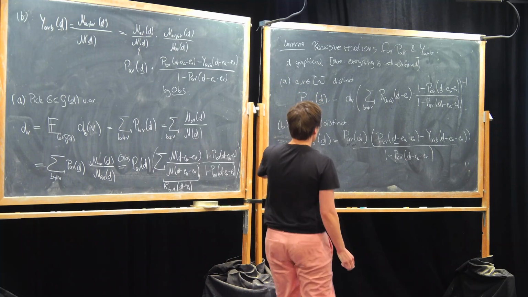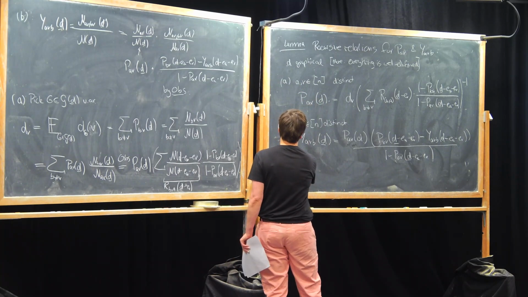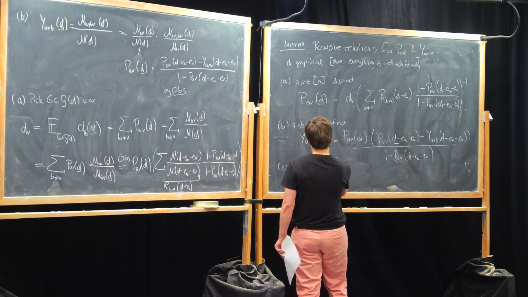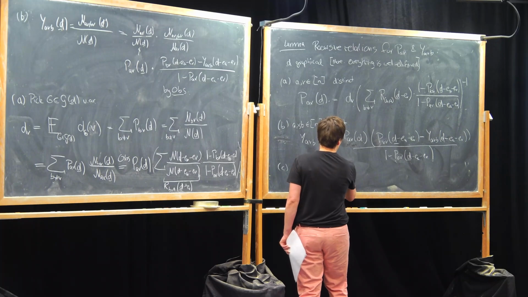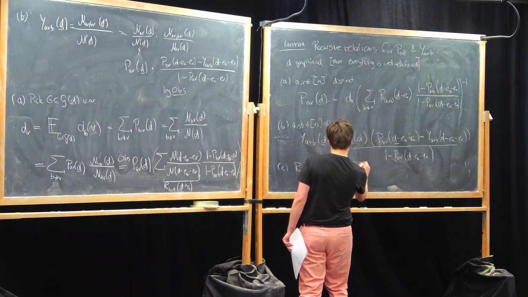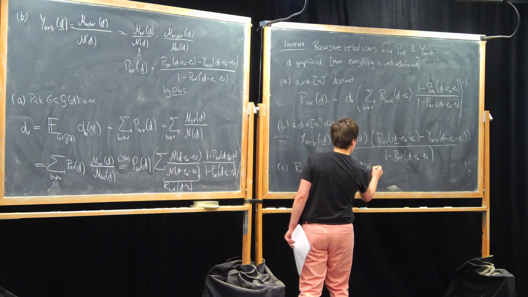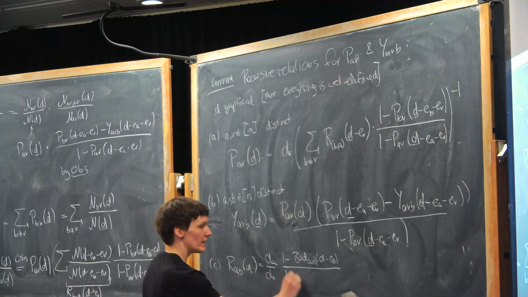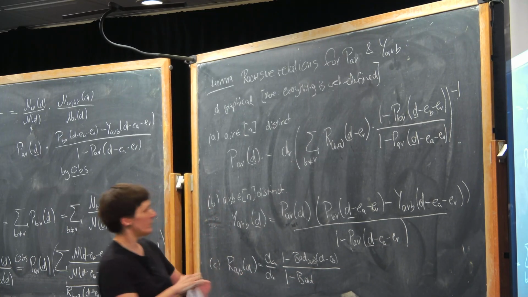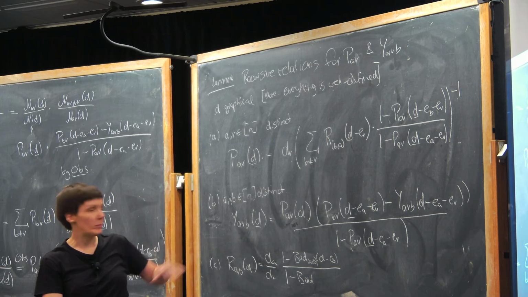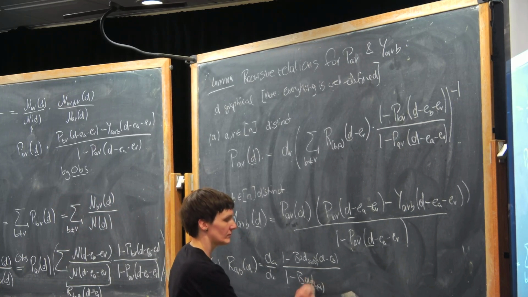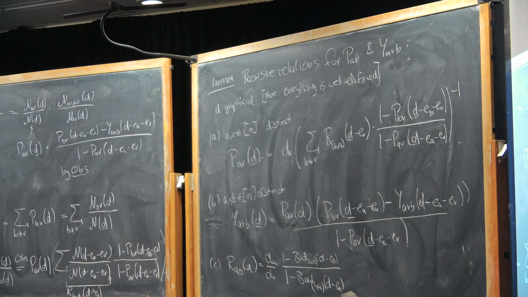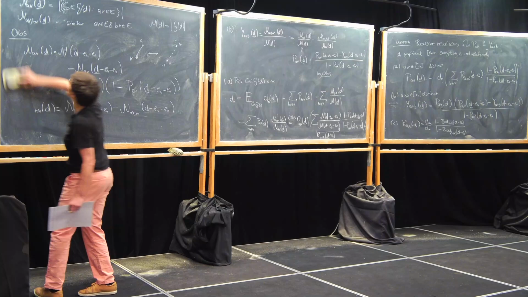I have these recursions, and then I also had the ratio recursion, R_AB of D, which was dA over dB times 1 minus some bad, I think, AB, over another bad, and bad was expressed in terms of edge and two-path probabilities. Okay, so how is this useful?